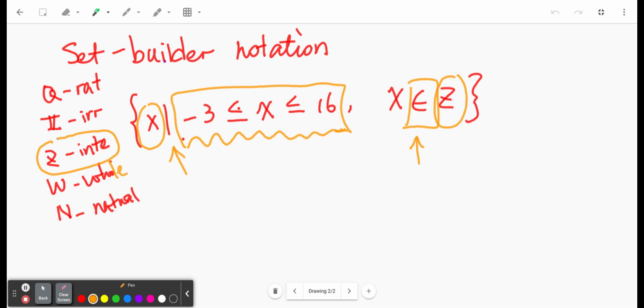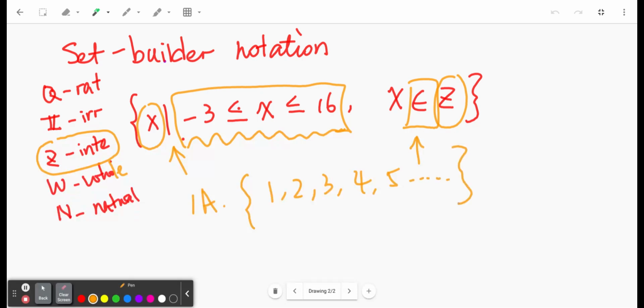Example number 1. Look at example number 1 and let's just do the guided practice. So in guided practice 1A, we have a set of numbers like 1, 2, 3, 4, 5, and so on.